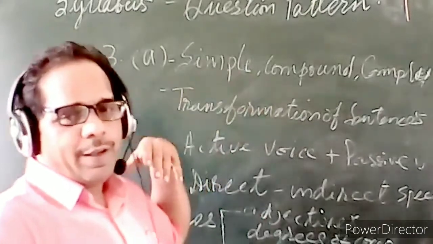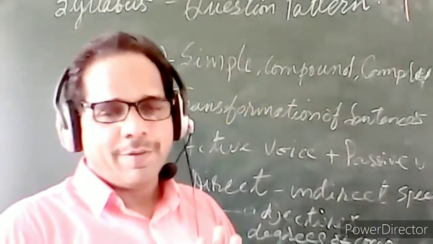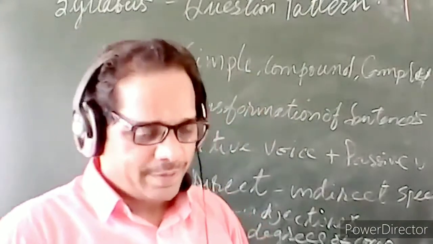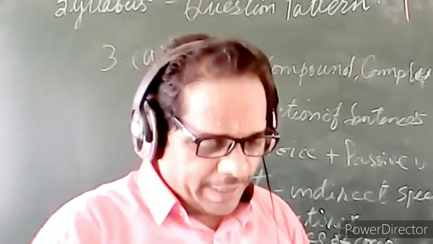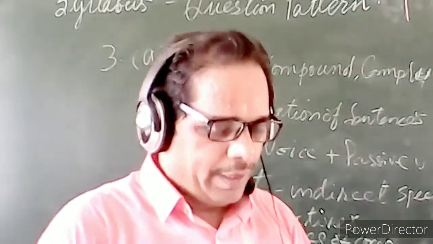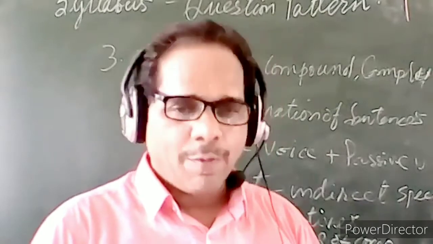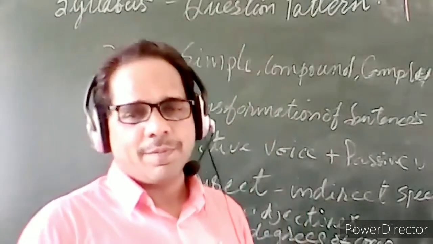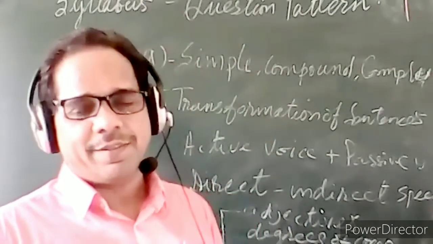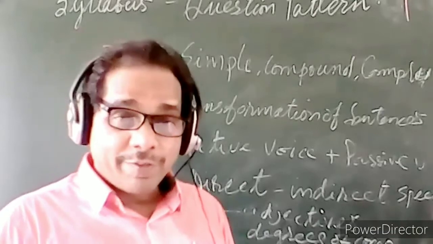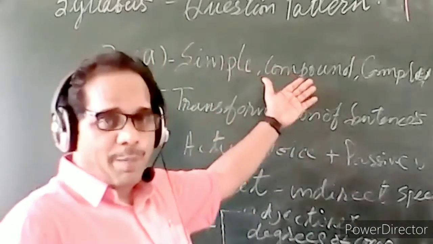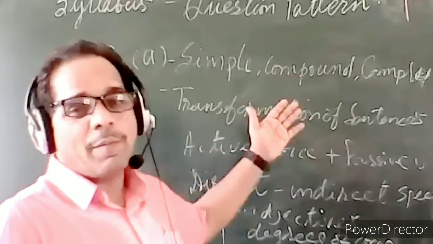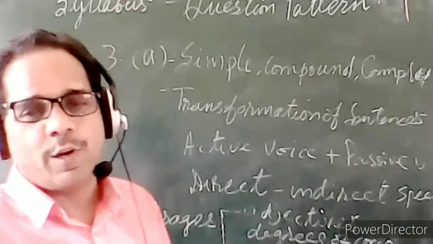Why? You are getting only five questions. See, question number 3A: 1, 2, 3, 4, 5. Only 5 questions. And out of 5, how many will you get from simple, compound, and complex? Maximum 2, sometimes only 1.